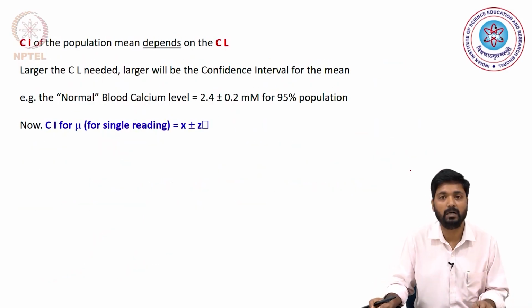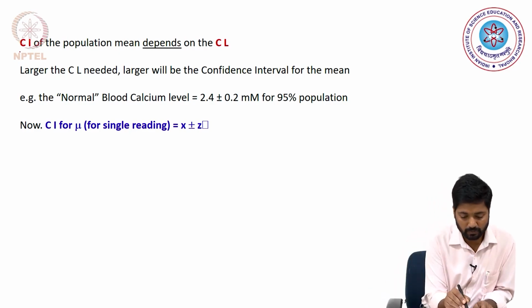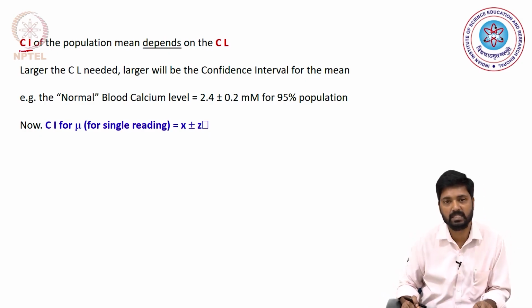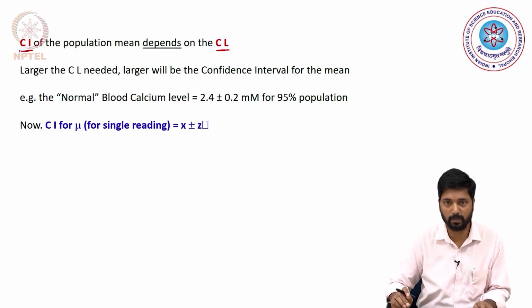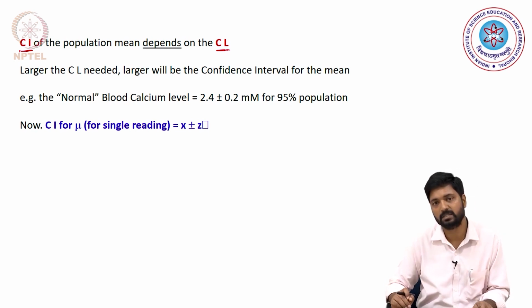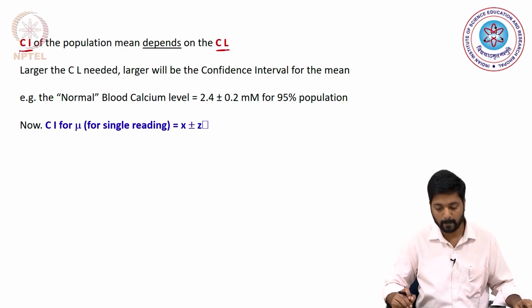Now, as we can see, the confidence interval depends intricately on the confidence level that we want to report our data with. The confidence interval is abbreviated as CI, and the confidence level, which is the probability of finding the mean, is put in terms of CL.